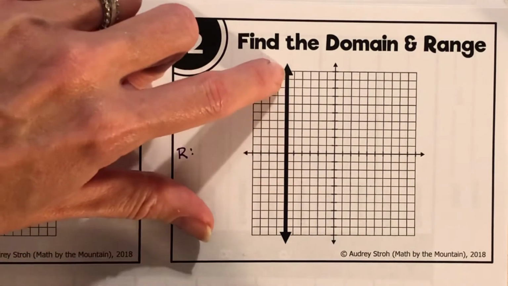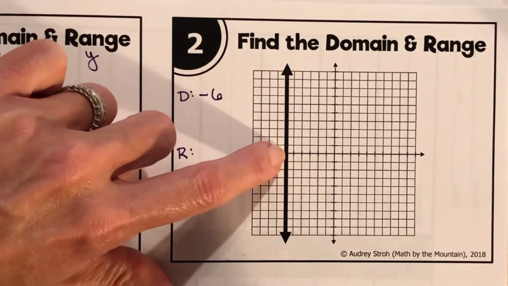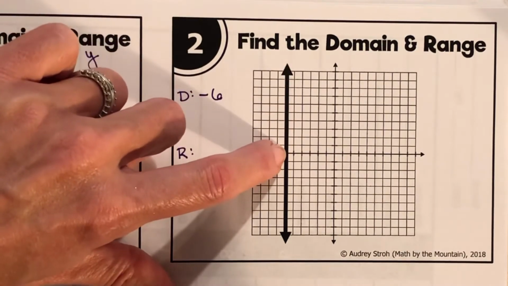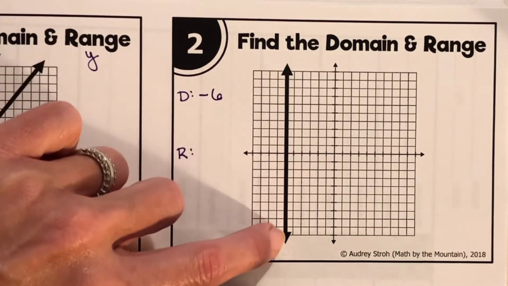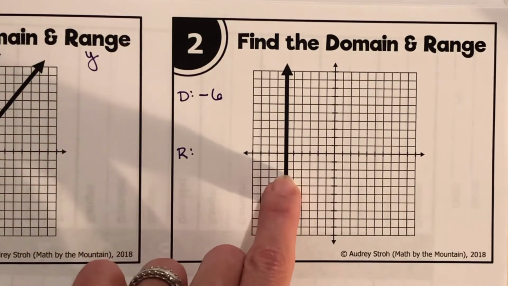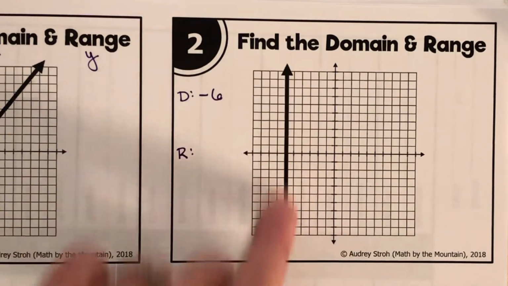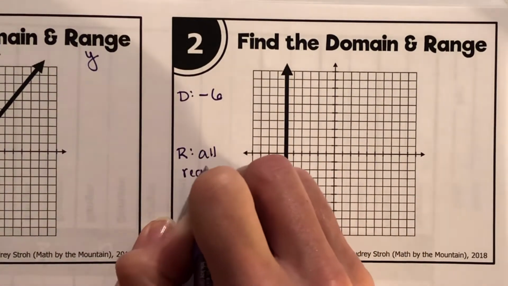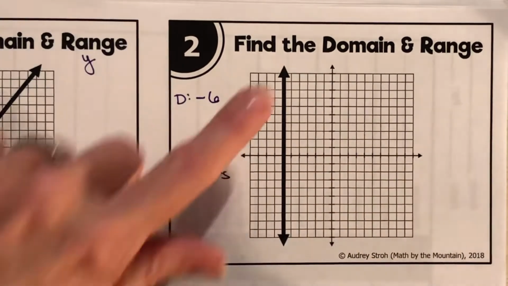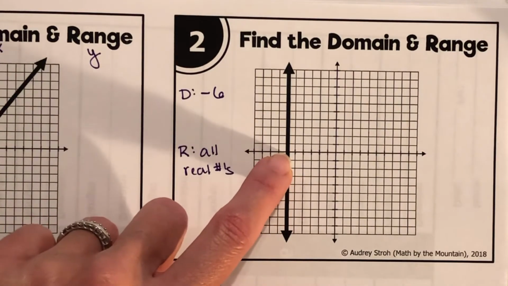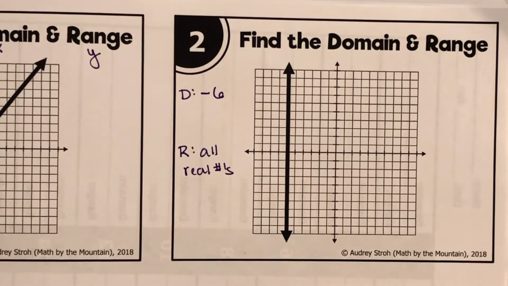And my y values, no matter what I plug in for negative 6, I can get positives, I can get 0, and I can get negatives, and I can get integers, whole numbers, I can get these little fractional guys. So my range is all real numbers. I can get anything for my range, but for my domain, I only got negative 6. That is the only x value that I have.